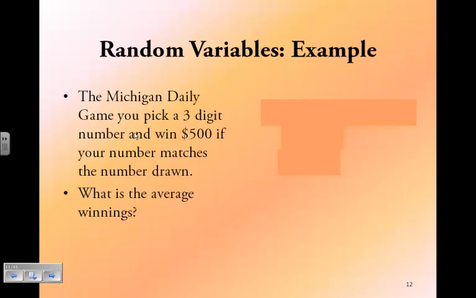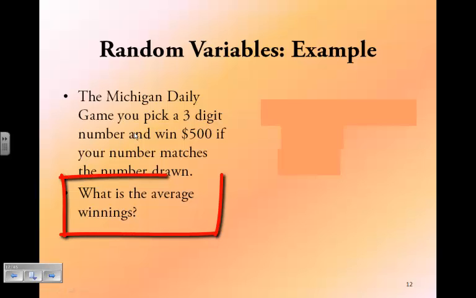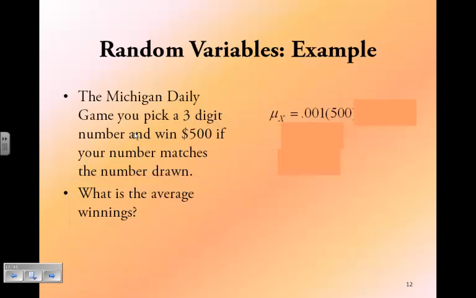So here is one example to give you an idea. The Michigan Daily Game is you pick a 3-digit number and you win $500 if your number matches the numbers drawn. The question is, what is the average winnings? So what you would do is calculate the average, the mean, of the random variable x. The probability is 0.1% that you win $500, which is 1 out of 1,000 because it's a 3-digit number.